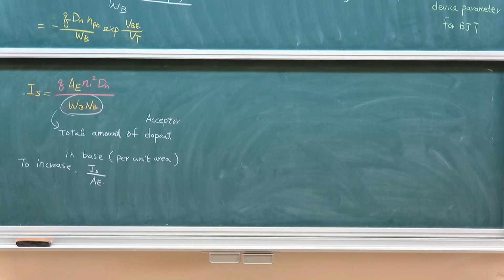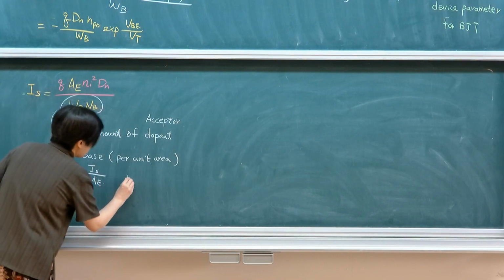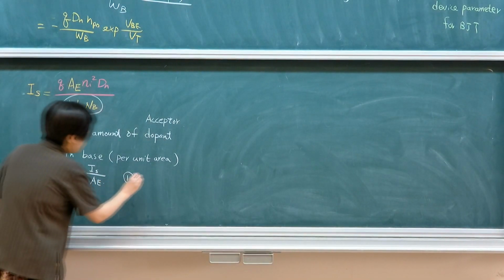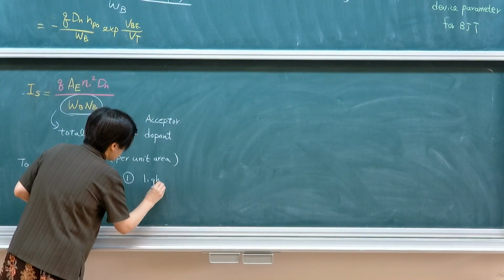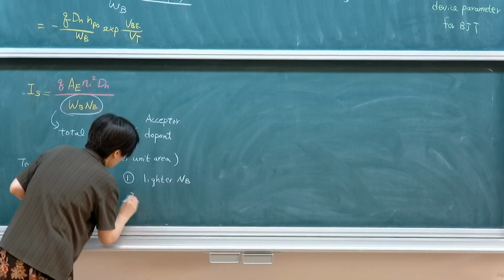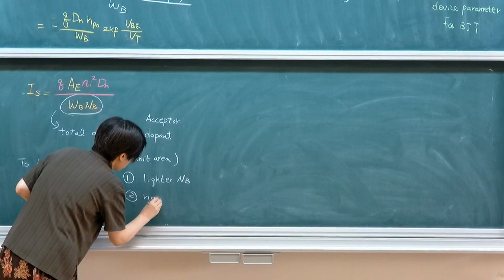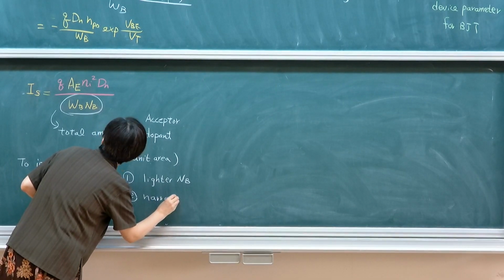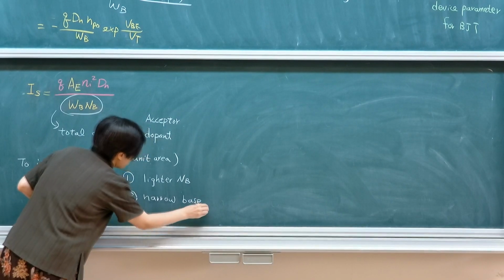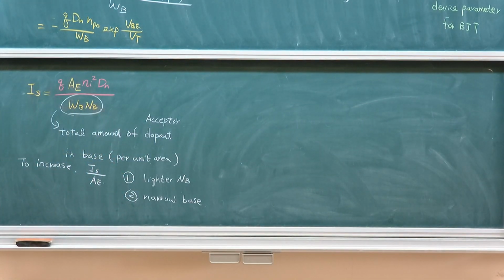How does one increase this? First, you dope lighter. Second, you do a narrow base. Okay? Lighter base doping and narrower base.